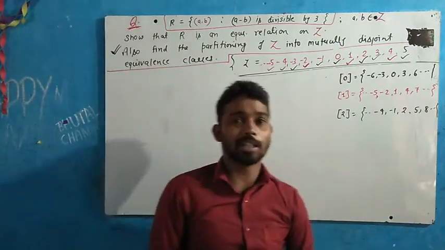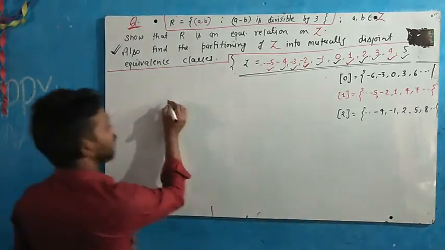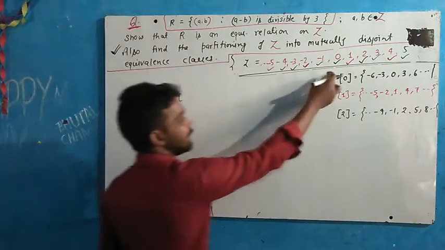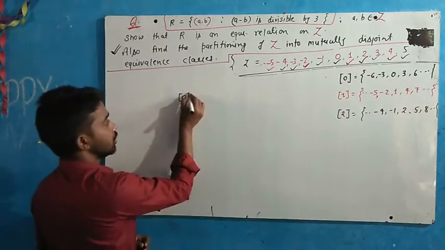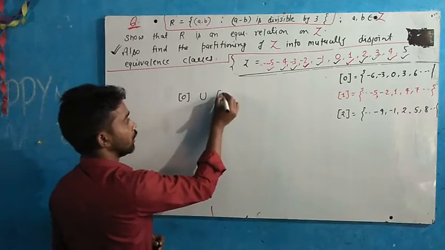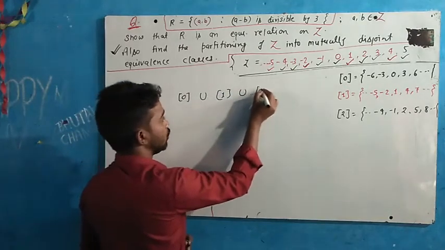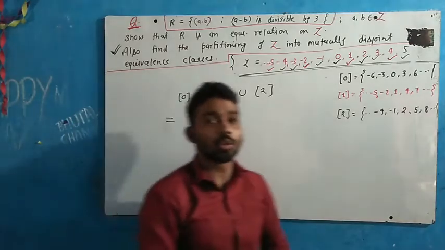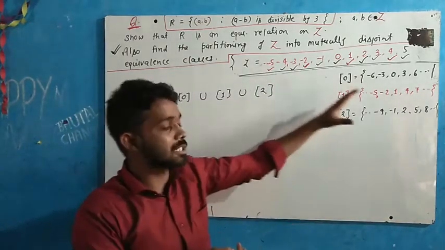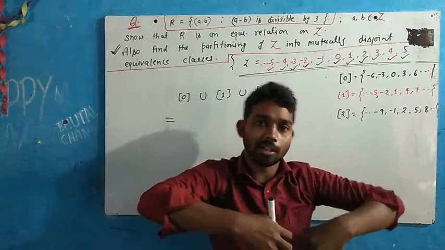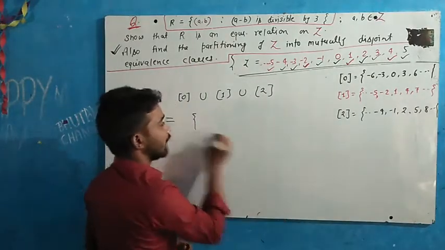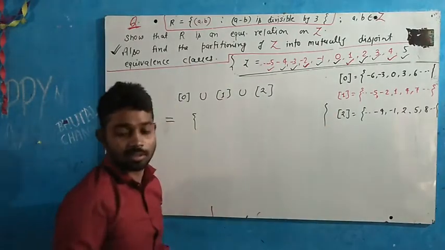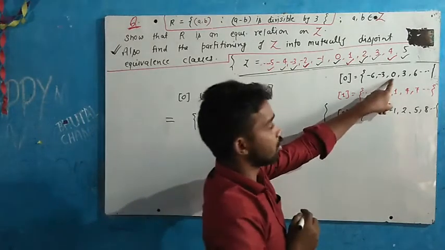Clear? Now the second conclusion: what can you say about the union of these 3 equivalence classes? 0 union 1 union 2. What is this value? You know the definition of union well. In the union of 3 sets, you collect all the elements. So when you collect all the elements, what will you see? Just see. First 0 is here.